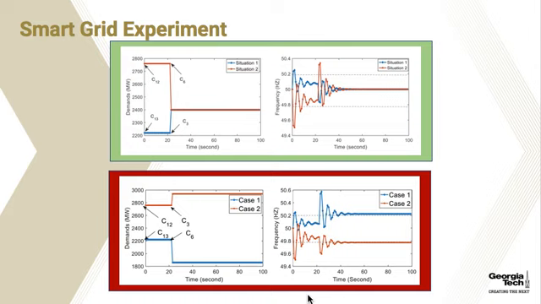So in the graph above, we have an example of how the system would perform in a normal setting. For this example, we have two similar situations. Situation 1 is shown in the blue line, and situation 2 is shown in the orange line. In situation 1, the frequency demands increase, and in situation 2, the frequency demands decrease.